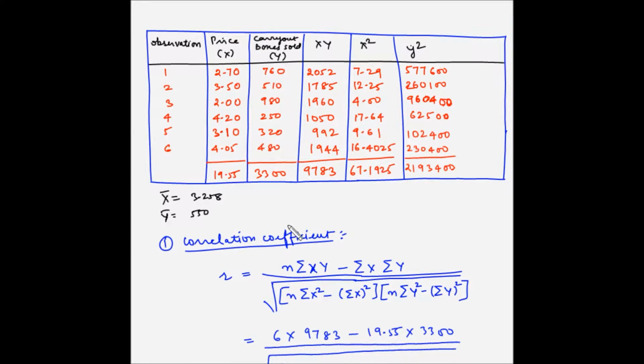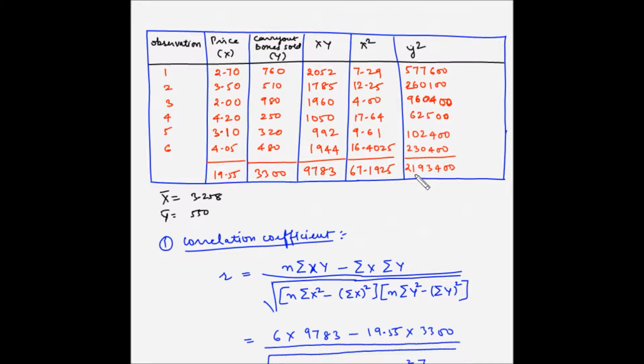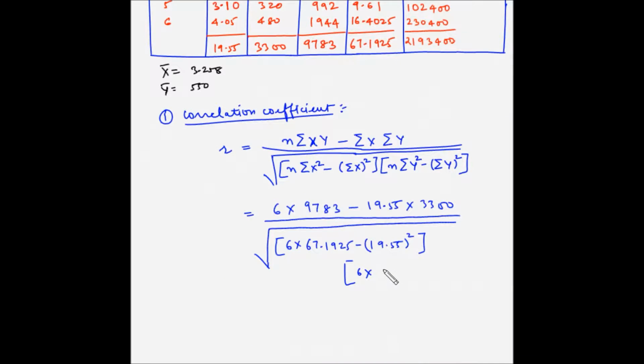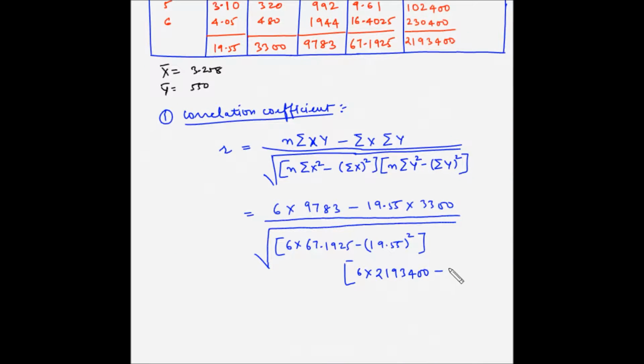Sigma x is 19.55, and square of this value. Second bracket, which is 6 multiplied by sigma y square. Sigma y square is this value, so 2,193,400, minus sigma y whole square. Sigma y is 3300 square.